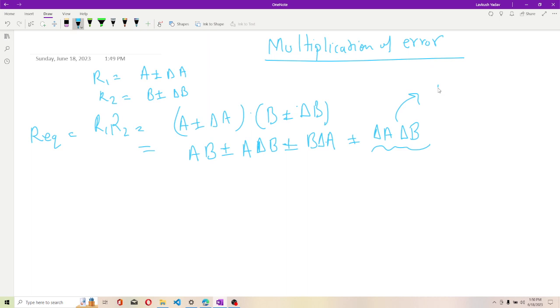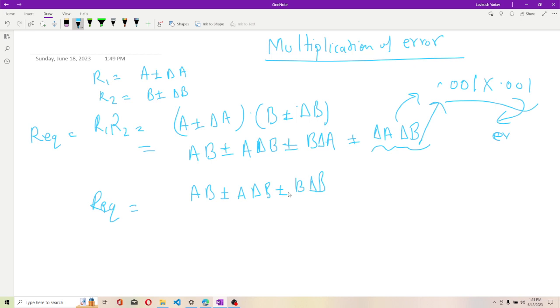So then R equivalent will be equal to AB plus minus A delta B plus B delta A. So now if I divide R equivalent upon R, which is basically AB, we get AB plus minus A delta B plus B delta A, divided by AB.